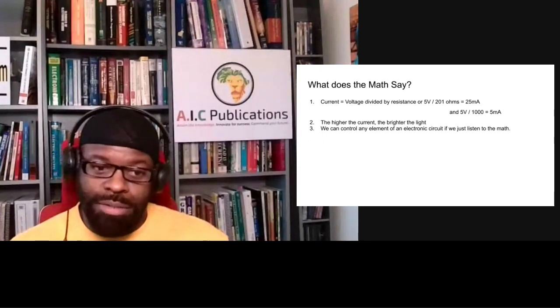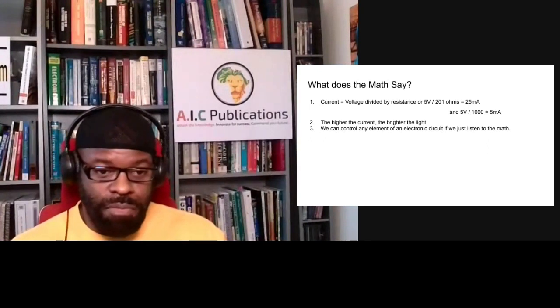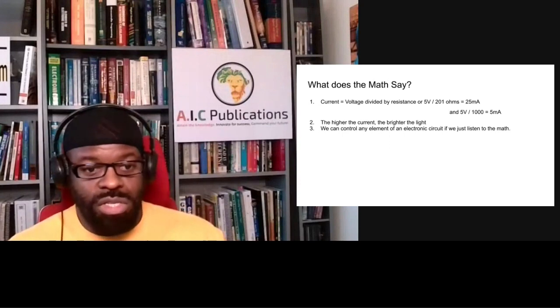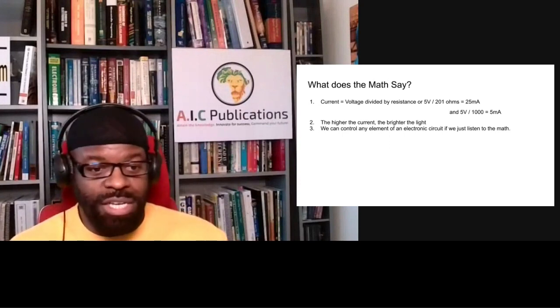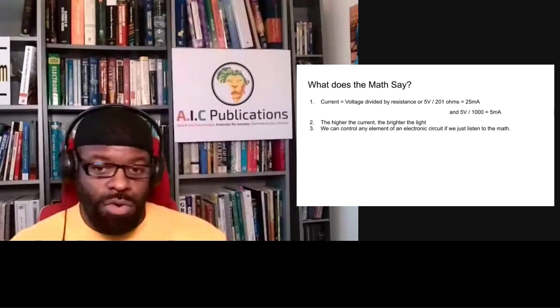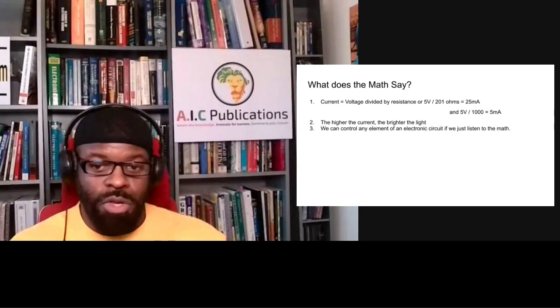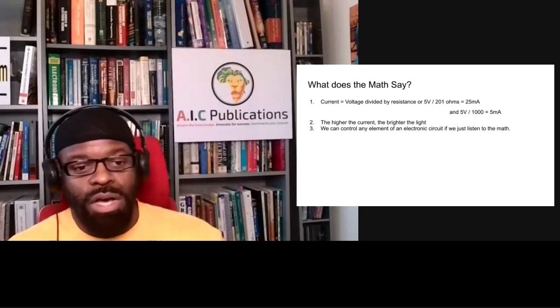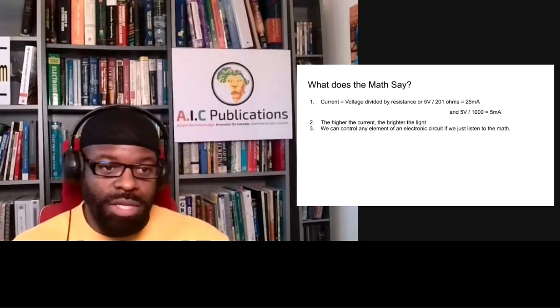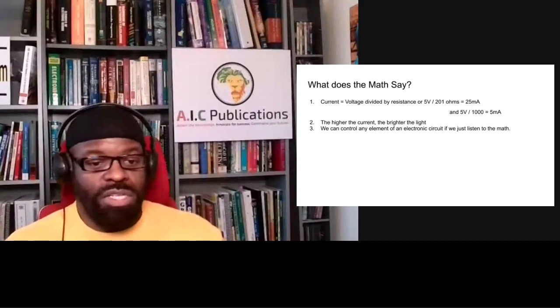In the second resistor branch that you saw, the second LED, which was dimmer, we had a higher resistor value, which was 1000 ohms. So we had 5 times greater of a brightness in the resistor to the left than we did to the right.